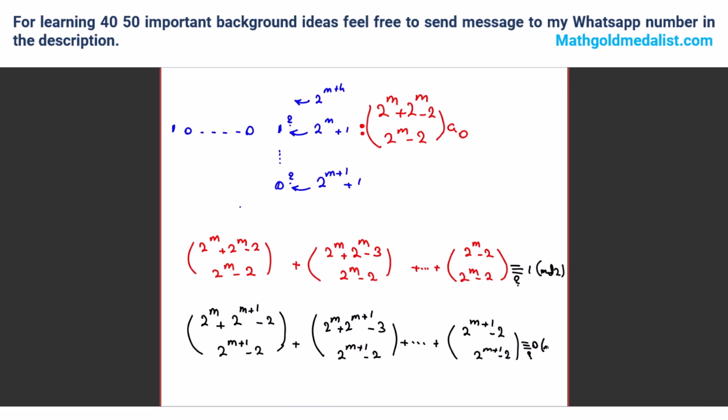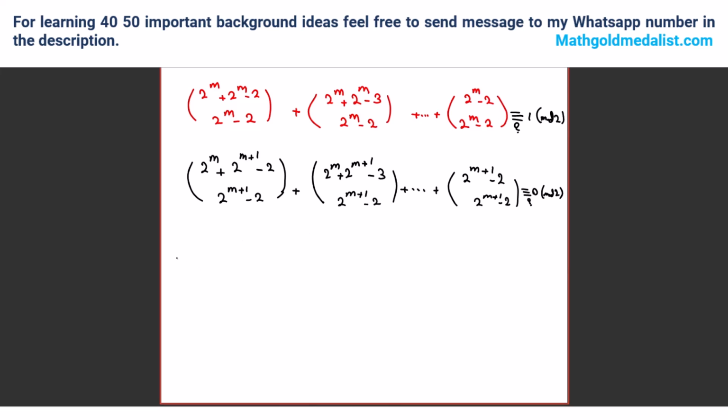Yes. Now let's check with a small example to make sure we have no careless mistake. Suppose, for example, m is 2. This part will be 6 choose 2 plus 5 choose 2 plus 3, 4 choose 2 plus 3 choose 2 plus 3 choose 2.